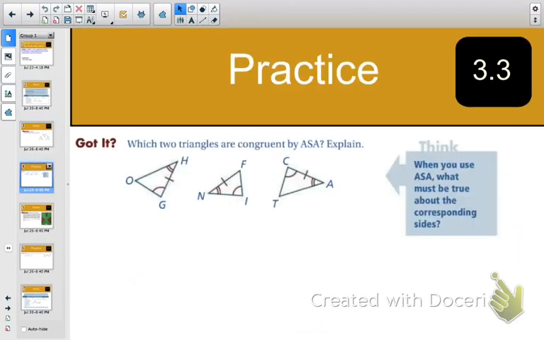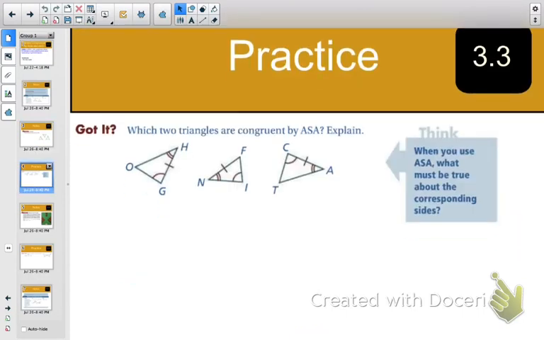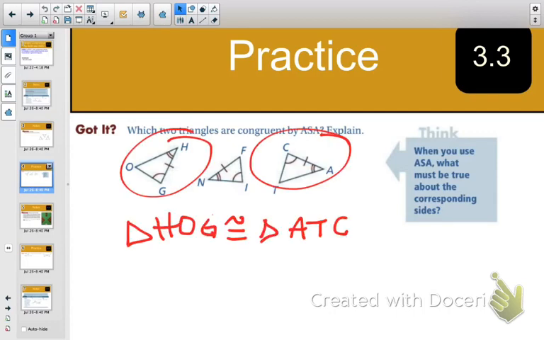Okay, so I'm going to have you try this one. I want you to choose the two that are congruent by angle, side, angle, very similar to the last one we just did. So go ahead and pause this. Alright, so it should be the two outside triangles, HOG and ATC, because the side is in between the two angles like that and that.